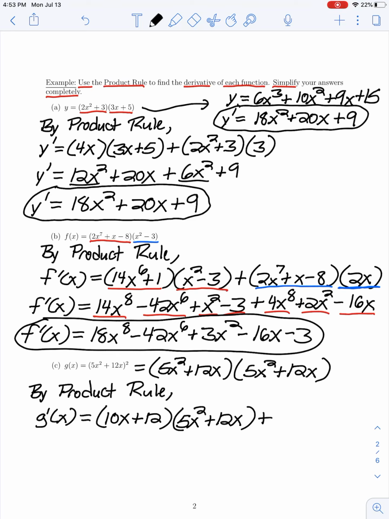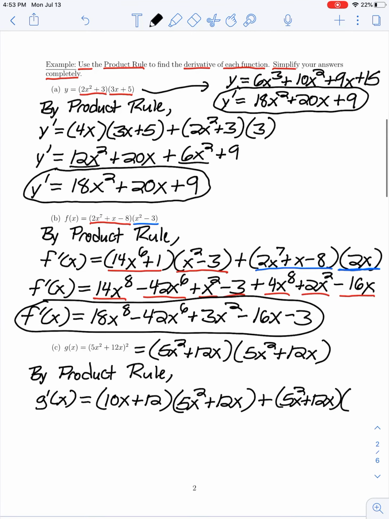And then we add the first function in our product, which was 5x squared plus 12x, times the derivative of the second function in our product, which is 10x plus 12.